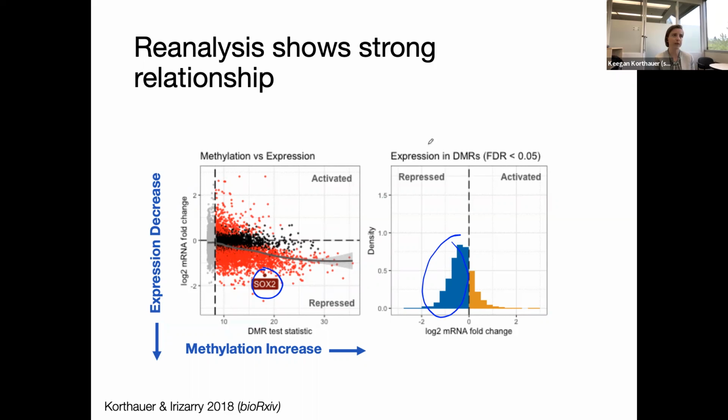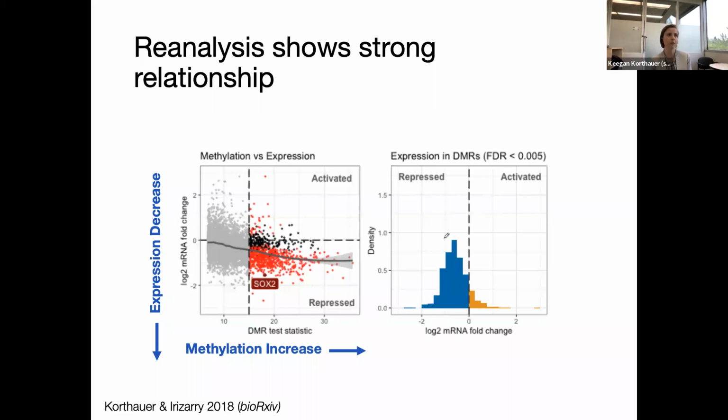So we can have an FDR cutoff for the DMR. We can slide that over, look at regions with a higher significance threshold, subject those to the same test, and see that as we increase statistical significance, we also get an increase in the biological signal.